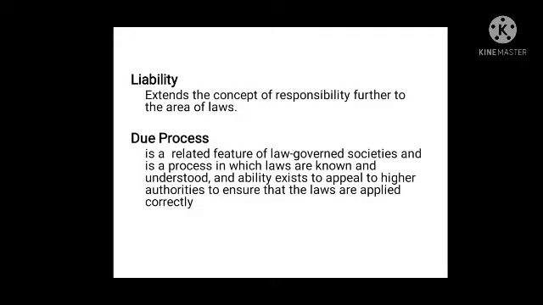Liability is a feature of political systems in which a body of laws is in place that permits individuals to recover the damage done to them by other actors, systems, or organizations. Due process is a related feature of law-governed societies and is a process in which laws are known and understood, and there is an ability to appeal to higher authorities to ensure that the laws are applied correctly.